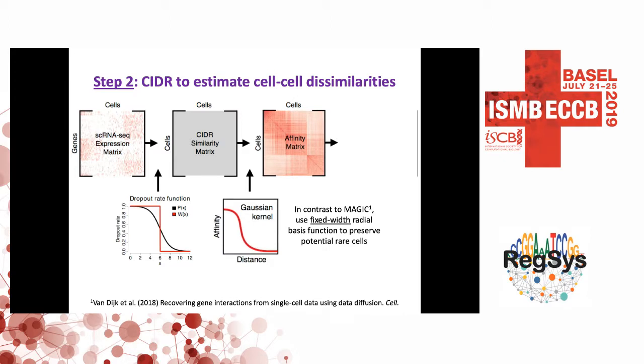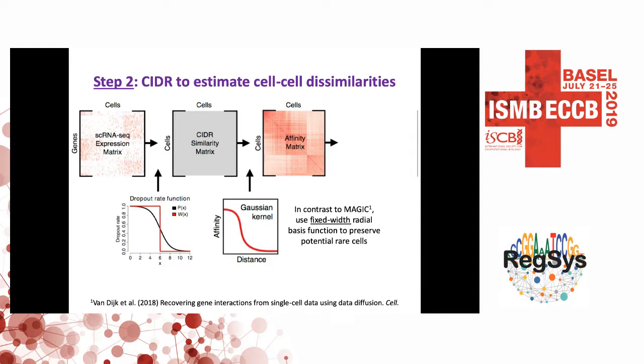And then from there, we use a radial basis function with a fixed width to generate a cell-cell similarity matrix. And this is in contrast to the method MAGIC, which uses an adaptive kernel. And essentially what this does is if there is one weird cell in your data set that doesn't have any nearest neighbors, we're not going to be imputing gene expression in there.